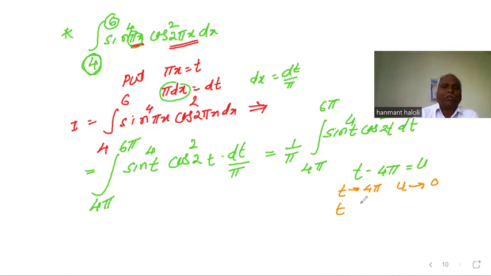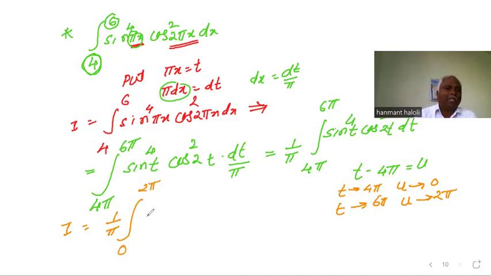If t tends to 6π, then u tends to 6π minus 4π, which is 2π. Then our integral I becomes 1/π as it is, with limits becoming 0 to 2π.